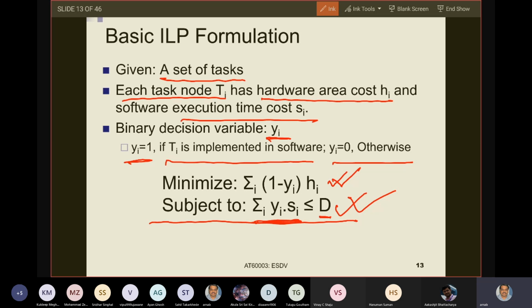For them yi will be equal to 1 in a given solution. So in that particular solution, if I want to find out the total software execution cost, I will have summation yi dot si. Now, if I'm executing in hardware, I have yi equals 0, so for all tasks executing in hardware, 1 minus yi is 1. So summation over 1 minus yi dot hi gives me the total hardware area cost of the tasks that are implemented in hardware.